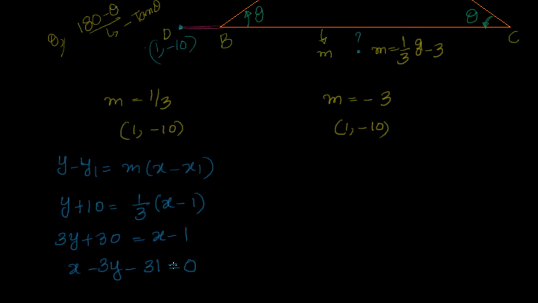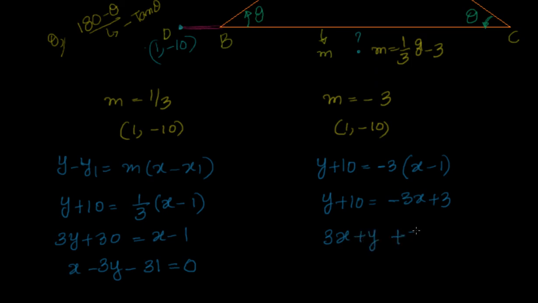So that will be one equation. For the second equation, I will have y plus 10 equal to minus 3 into x minus 1, or y plus 10 equal to minus 3x plus 3, or 3x plus y plus 7 equal to 0.